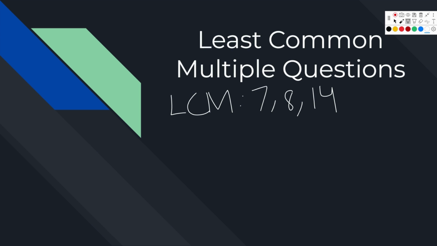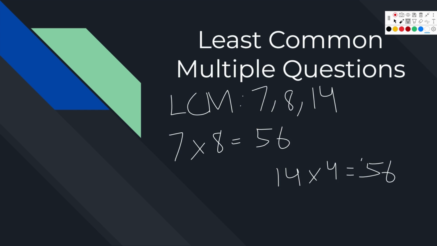However, it's going to get more difficult for other questions. So you could just get lucky and guess and say, okay, well, 7 times 8 is 56. And I know that 14 multiplied by 4 is equal to 56. And so 56 is the LCM since there aren't any other numbers lower than that which have the same values for all three numbers.